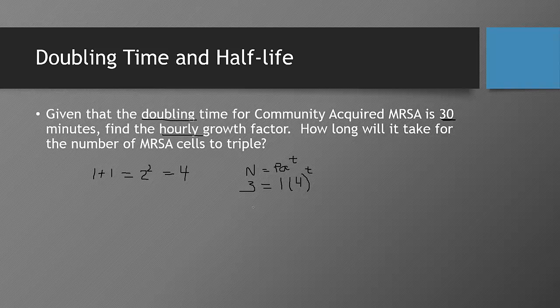And so then I'm going to go to my graphing calculator. I'm going to make this my y1. I'm going to make this my y2. And I'm going to go to my graph and graph them. So here's my graph. I went 0 to 5. So 0 to 5 hours, because I know that it doubles in 30 minutes, so it's not going to take long to triple.